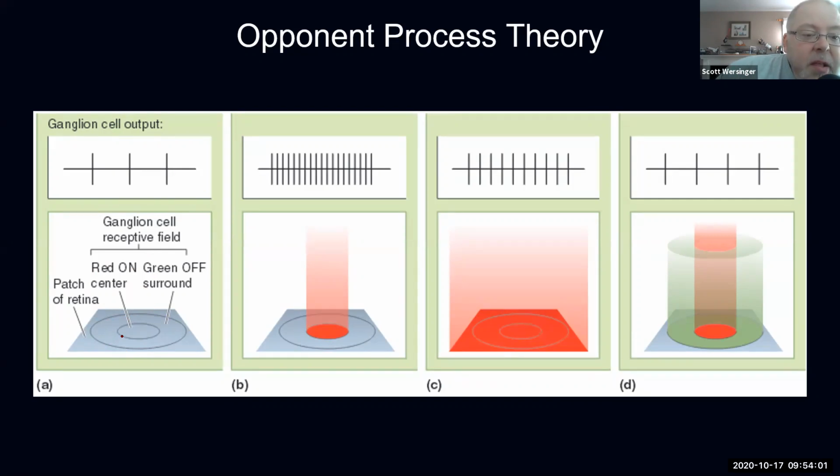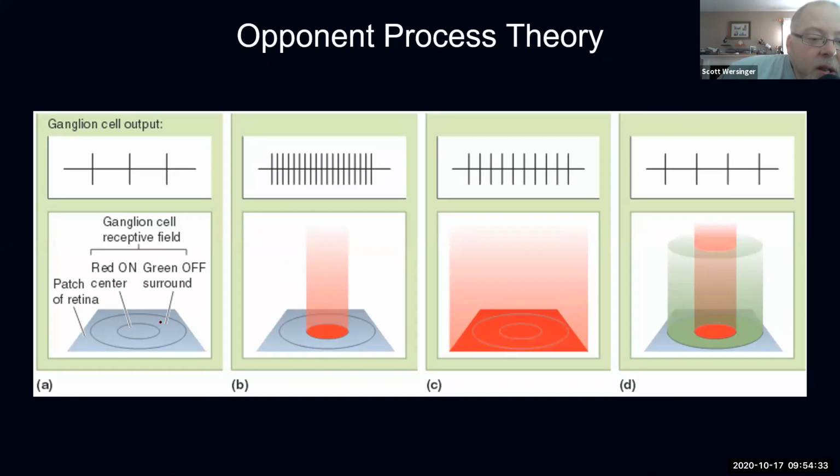In this particular retinal ganglion cell, if you shine red light, it's going to activate, it's going to turn on the center. If we shine red light on the center, we're going to get an increase in firing. If we were to put green light in the outside, it's going to turn it off.